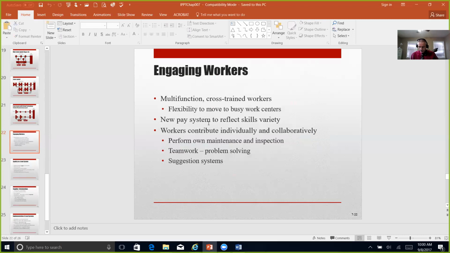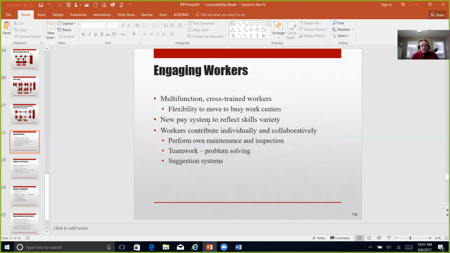So cross-training of workers becomes critical. It certainly is a human resources manager's responsibility, but equally important, that burden is placed on first-line supervisors, the management team, as well as the workers, to recognize that being multifunctional really is in the best long-term interest of the organization. And the side benefit to them is that it makes them more marketable as well, and keeps them employable.